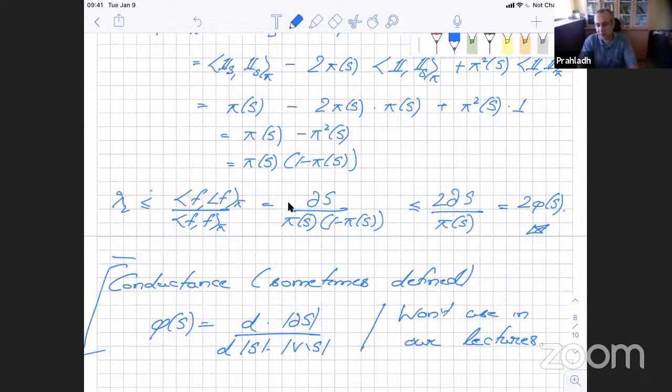The reason it's sometimes defined this way is that this quantity appears naturally. If we define it this way, lambda 2 will be less than or equal to phi, period. There won't be that hanging factor of 2, but it's better to define conductance the other way, because that has a nicer meaning. This also has a nice combinatorial meaning, but we'll work with the way we define conductance. The only difference between them is a factor of 2, so it really does not matter much.